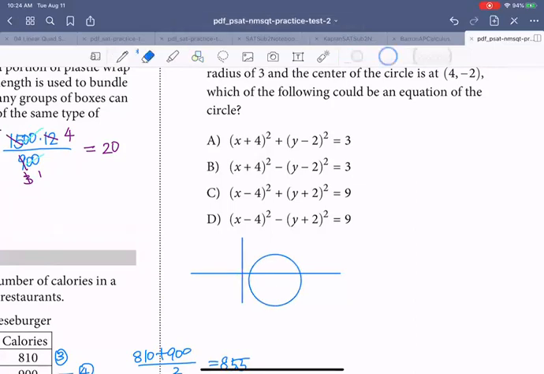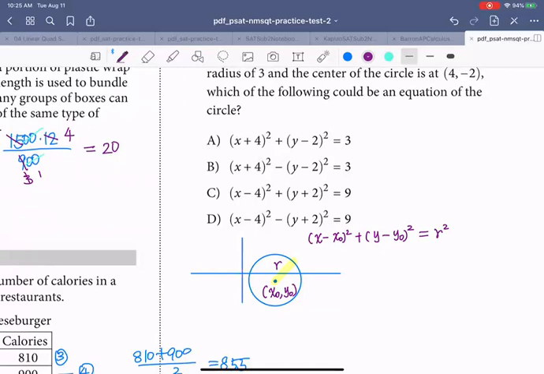If you see the circle center at x0, y0, and the radius is r, then you have x minus x0 squared plus y minus y0 squared equals the radius squared.